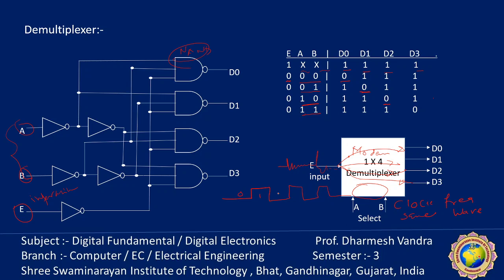So 0 1 0 1 0 1, this is the value of A, and B is 0 0 and then 1 1, double of this compared with A. So what happens? At 0 0, the internet line is transferred to D0. Here it is D1, D2, and D3.